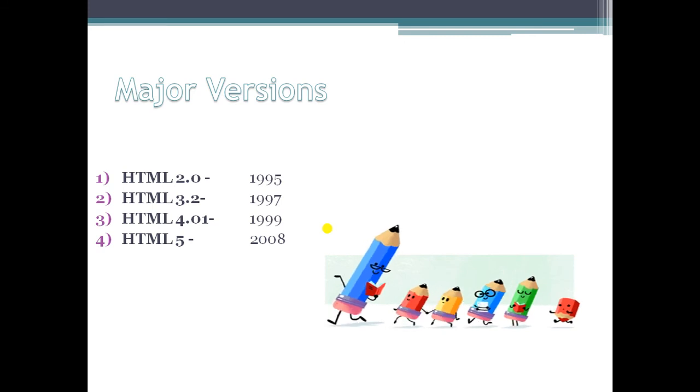This version was actually created to support tables, and expanded options from that element. And so on with HTML 4.01, and the latest version of HTML what we are using today is HTML5. It came into life on January 2008.